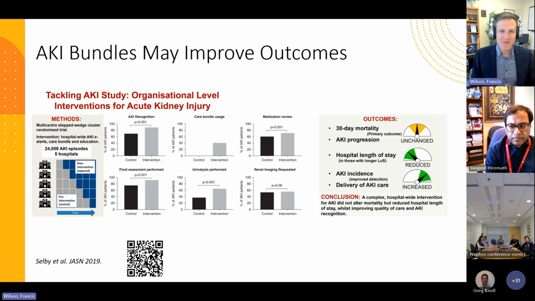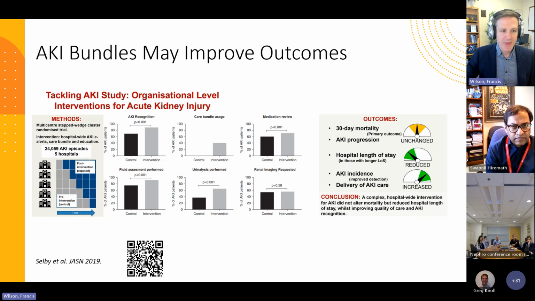Anyone who's read the checklist manifesto, right? So we are not only going to tell you that your patient has AKI, we're going to give you a very specific list of things to do, such as medication review and fluid assessment and urinalysis that you can check off to say, yes, I've done my due diligence regarding AKI.